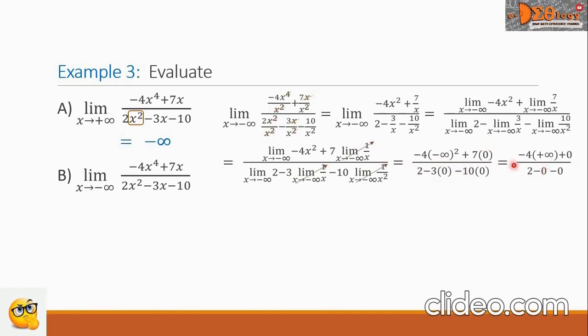And this is multiplied to negative 4 plus the 0 all over 2 minus 0 minus 0. Simplifying further, we have this negative 4 times positive infinity will give us negative infinity over the denominator 2. And the quotient is negative infinity.